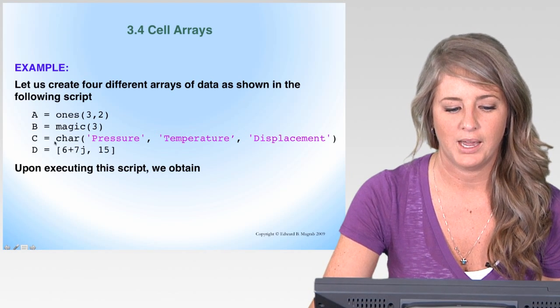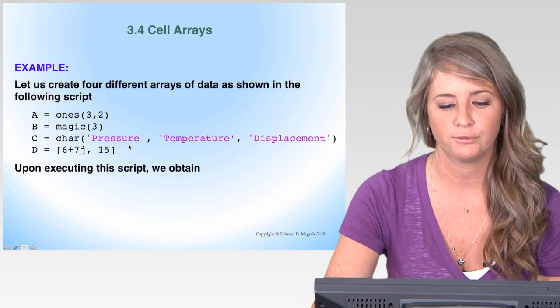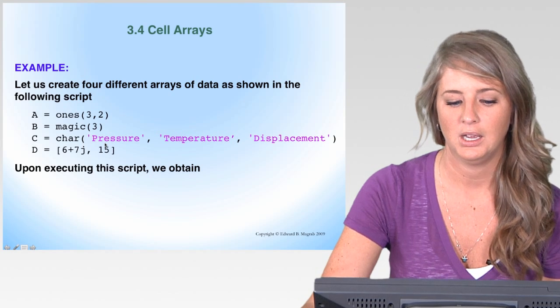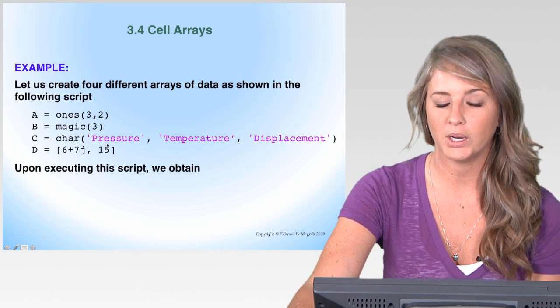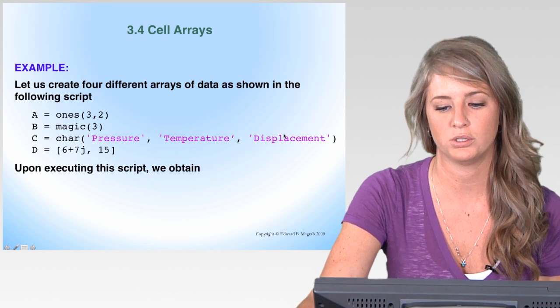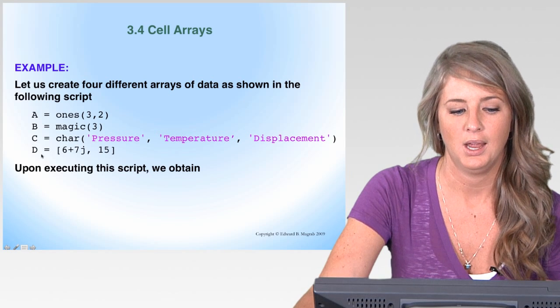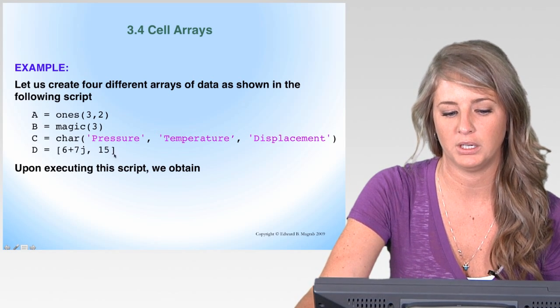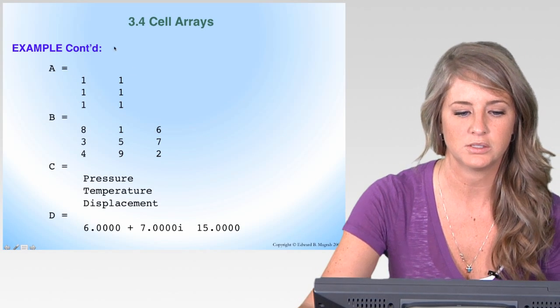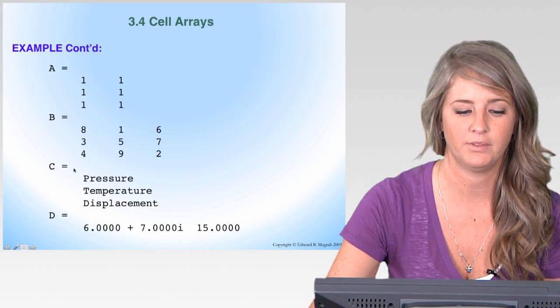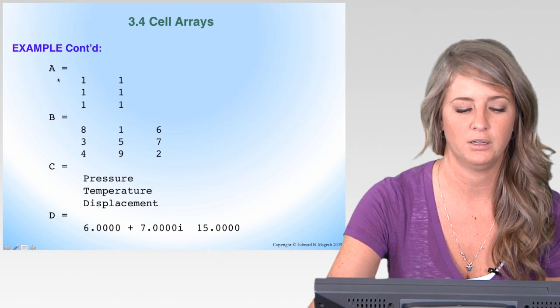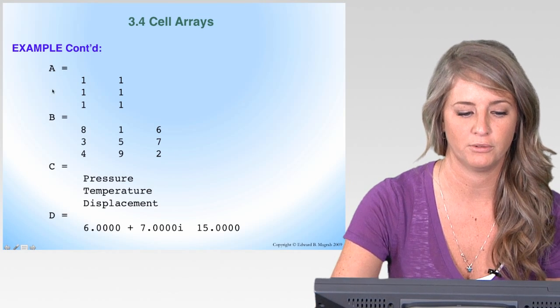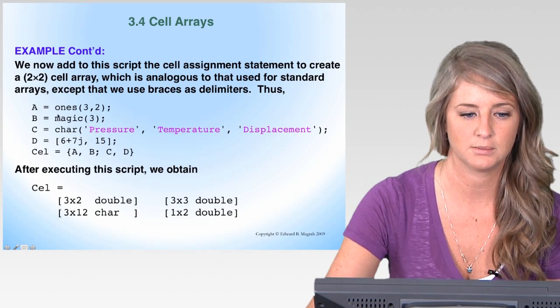We used that char or character function, so that created a string matrix that has pressure, temperature, and displacement, and then D was just equal to this complex number here, and then a scalar. So again, when we executed it, now we have these 4 different values here for these matrices.